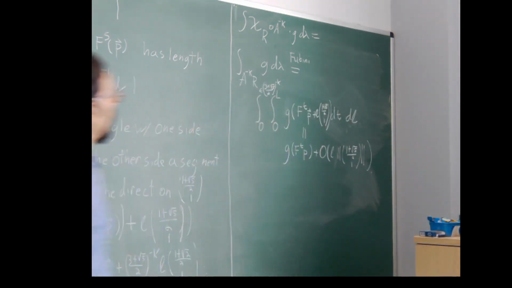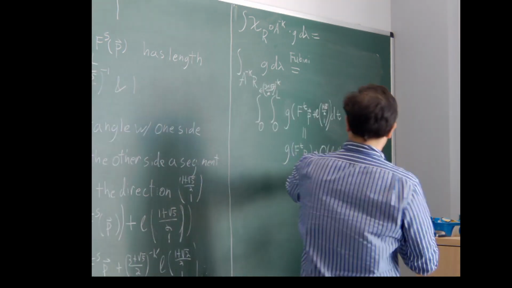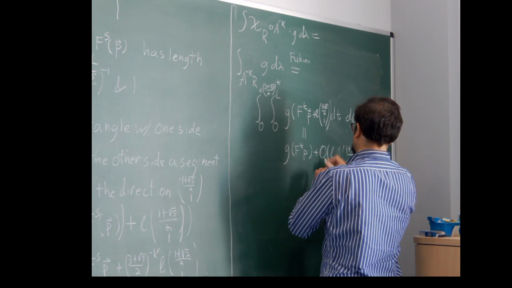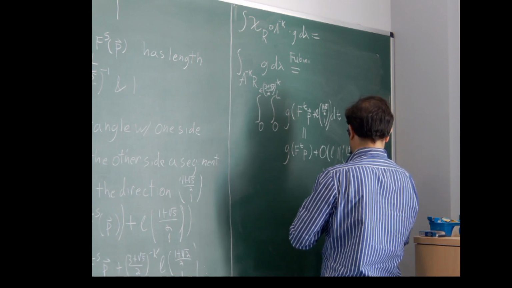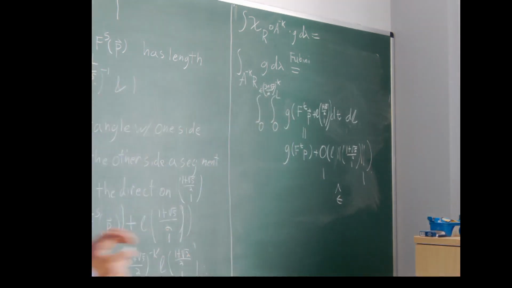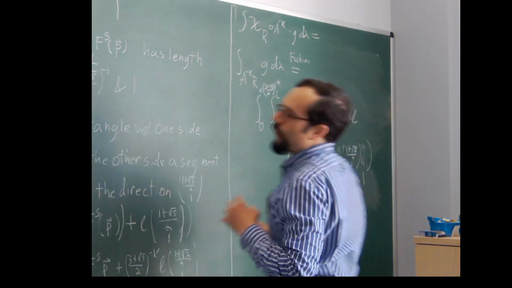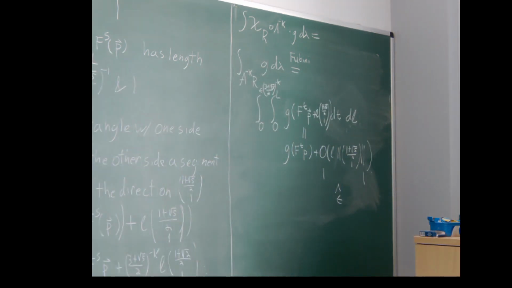That's just because this is 1 Lipschitz, okay? And in particular, this term is in absolute value less than or equal to 1, less than or equal to epsilon, less than epsilon. Everybody happy about this? Okay. And so from this, I've established this statement.